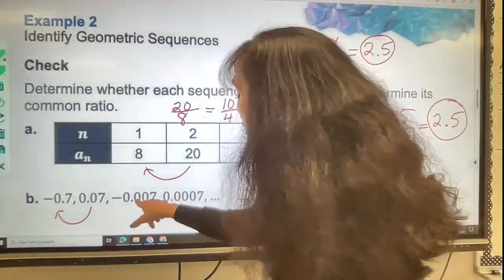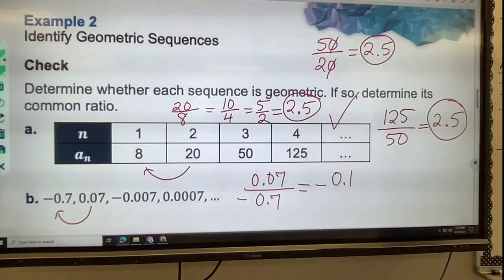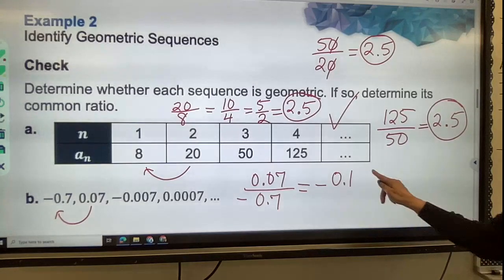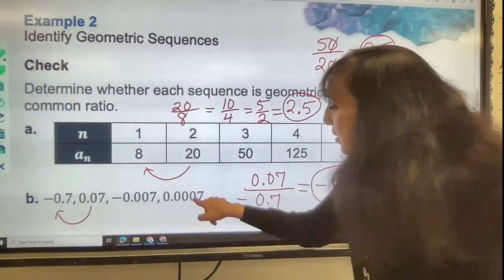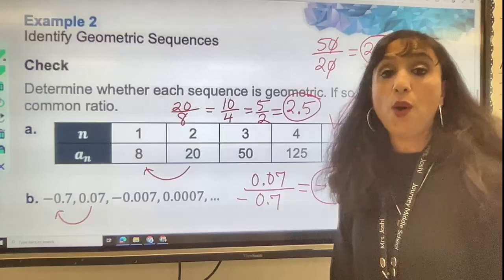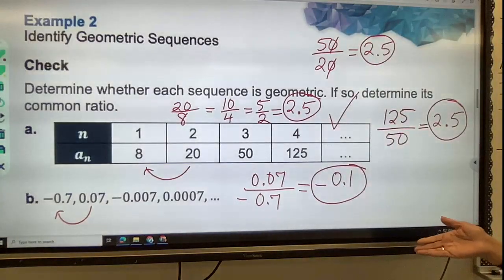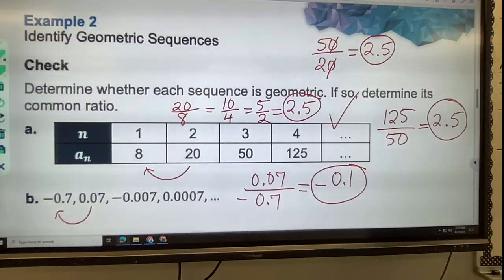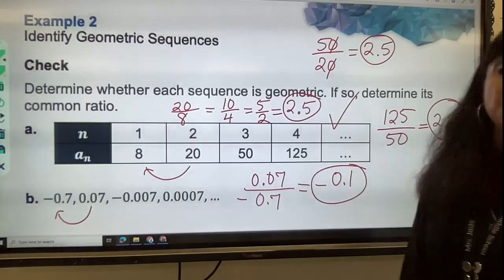As you can see, each of the 0 is being added on. So all the common ratios it's going to have -1/10. So then see, another 0 is added on. So basically, this also is a geometric sequence. This sequence is a geometric sequence because it has a common ratio of -1/10. Okay?